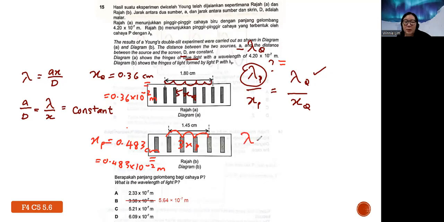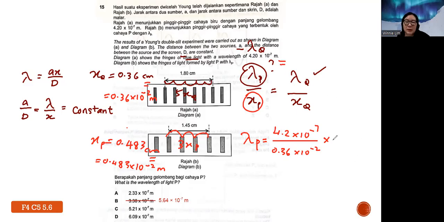So I want to find lambda p, then it equals to what? Lambda q, 4.2 times 10 power of -7, over x q, which is 0.36 times 10 power -2, then multiply with what? Because again, like just now, if I want to eliminate xp, I multiply both sides with xp, clear?